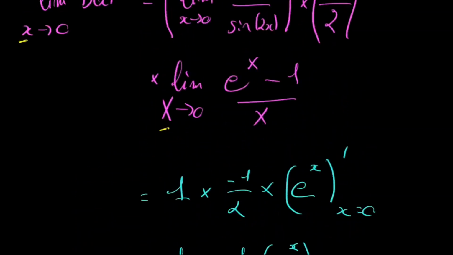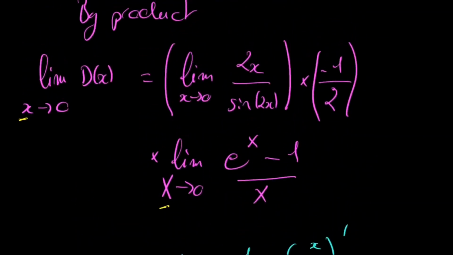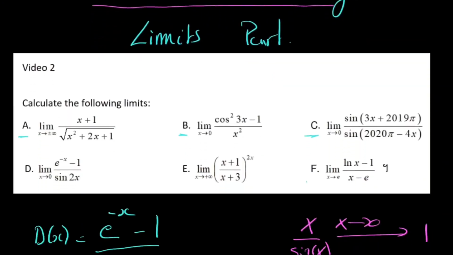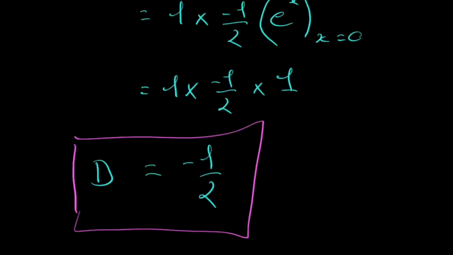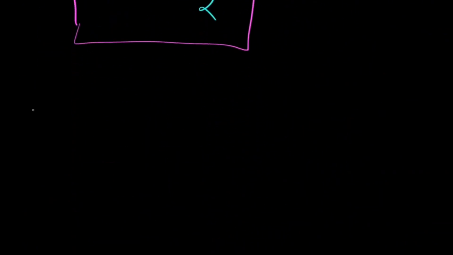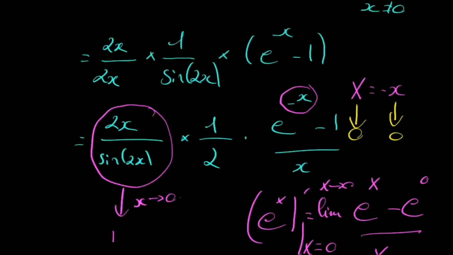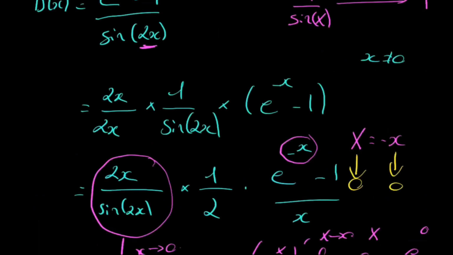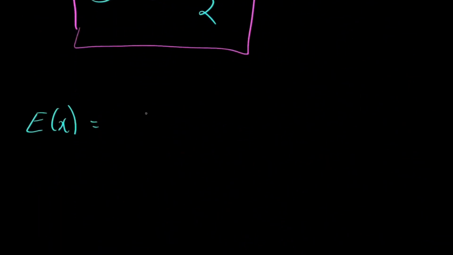You have to remember this technique, because I will go a little bit faster for the other limits. So limit E: the expression within our limit, E of x, is equal to x plus 1 over x plus 3, to the 2x power.